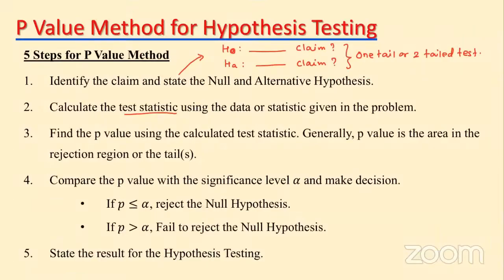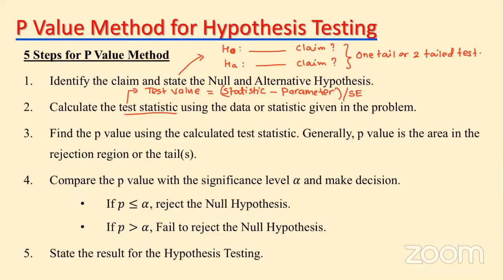In order to calculate the test statistic, there's a special way to find it. The test value is equal to the value from the sample, which is called the statistic, minus the parameter, and you divide that by the standard error.